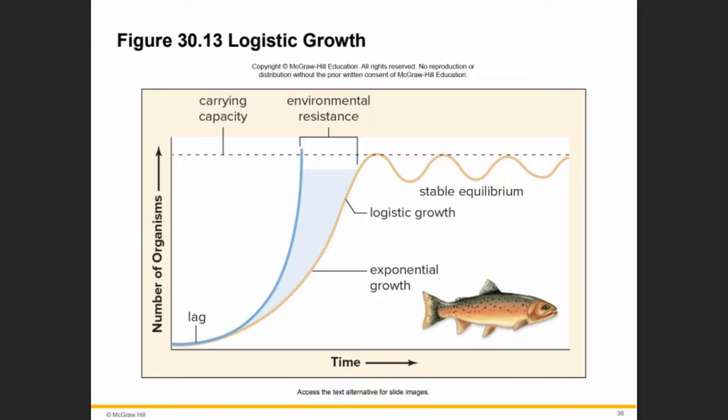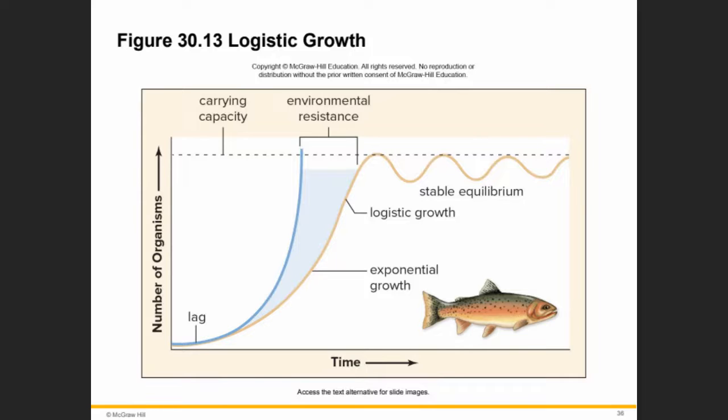So the curve begins at the origin and is identified as a lag, and ends with a high number of organisms. This is the J-shape curve.